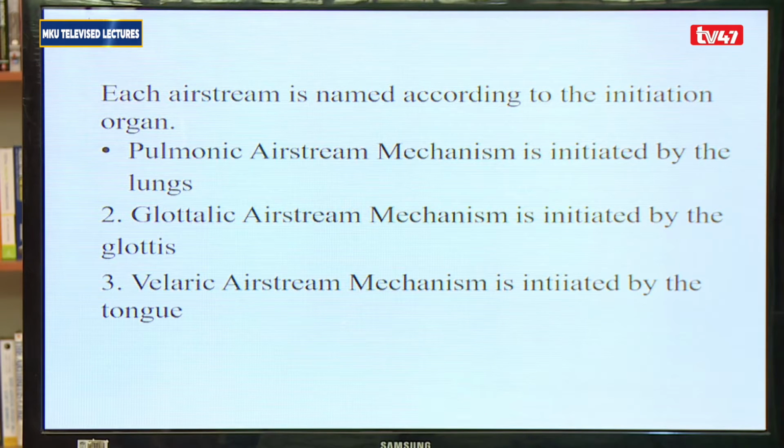Starting with the pulmonic airstream mechanism, this airstream mechanism is initiated in the lungs. The glottalic airstream mechanism is initiated in the glottis. And the velaric airstream mechanism is initiated by the tongue.